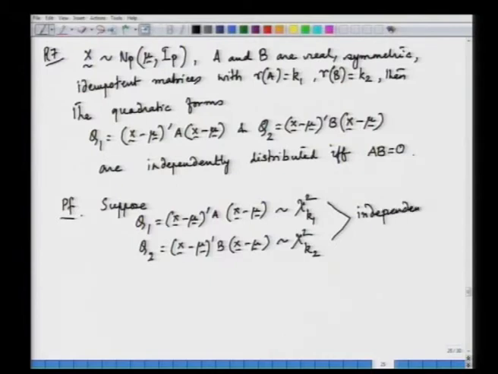We start with this assumption and then complete the proof. So we have two independently distributed chi-square variables.